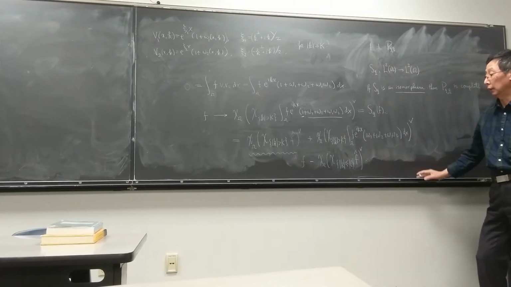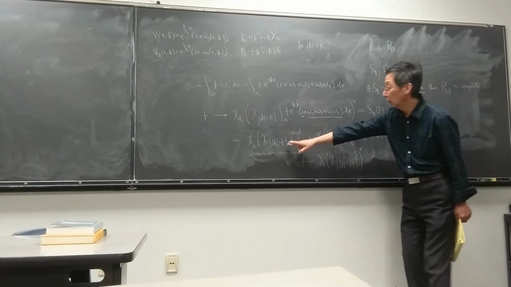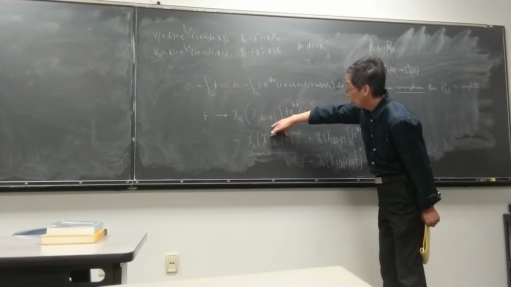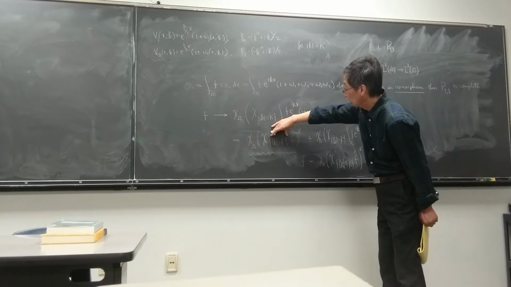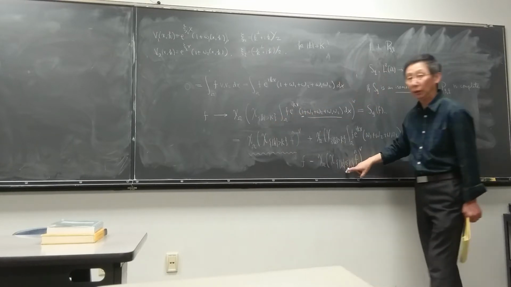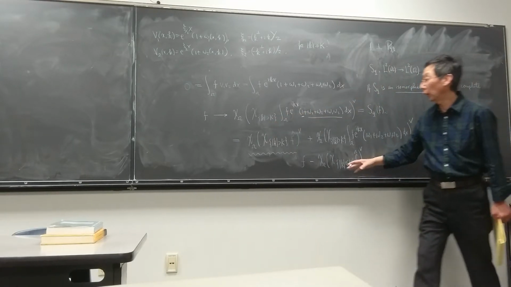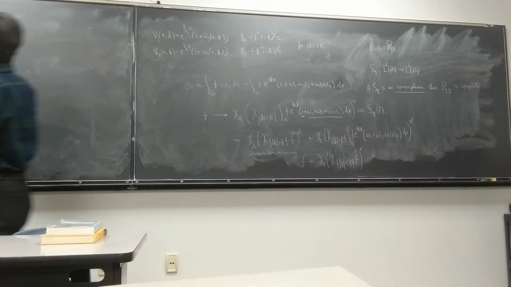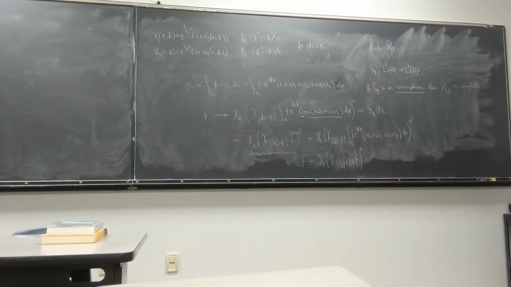Okay. You can write like this, right? So because if you look at the R2, the complement of this is that, right? Okay. So now you can see that the operator we involve here goes to F minus and plus.